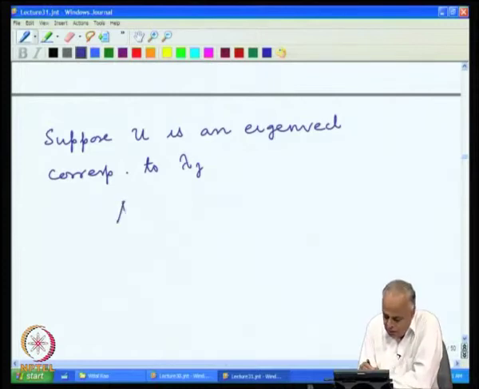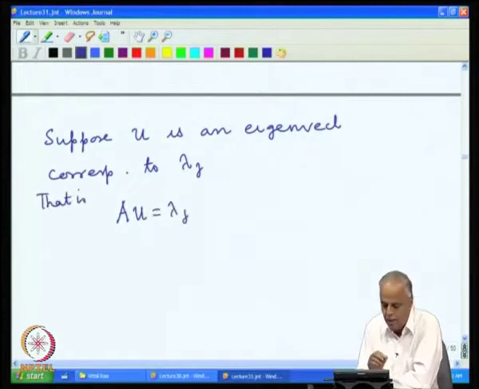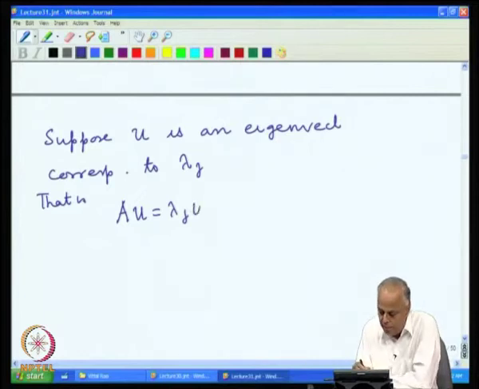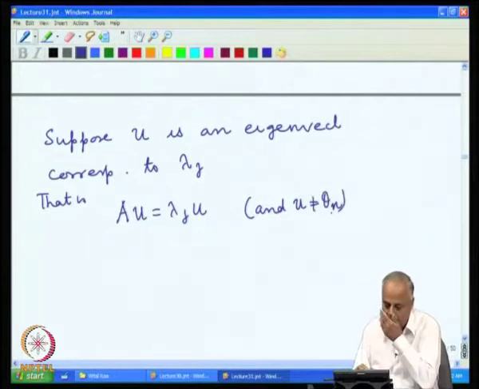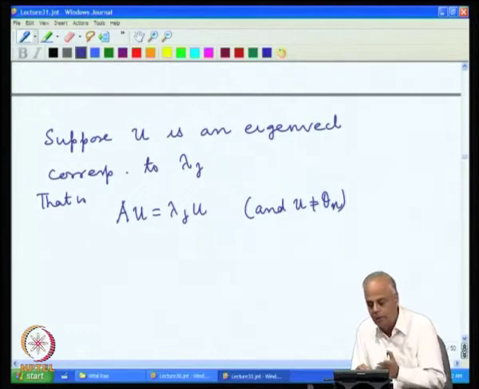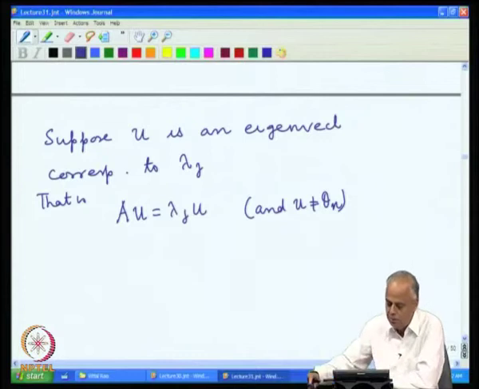Since it is an eigenvector, A u must be equal to lambda j u, and u is not equal to theta n. So, A u equal to lambda j u, that is the eigen equation, and since it is an eigenvector, it must be non-zero.